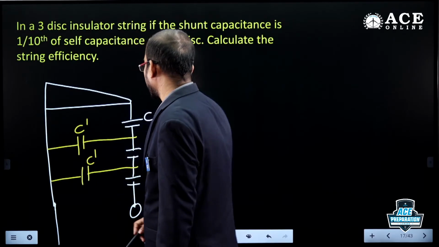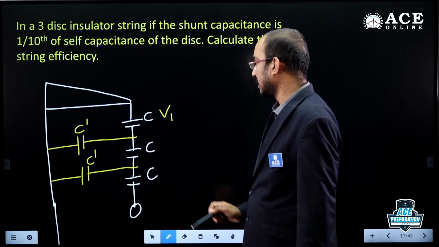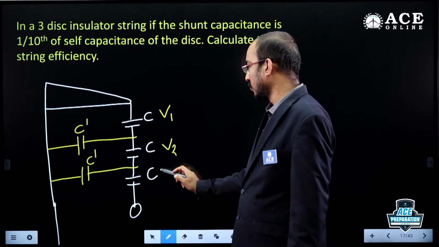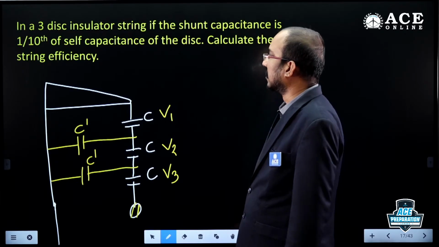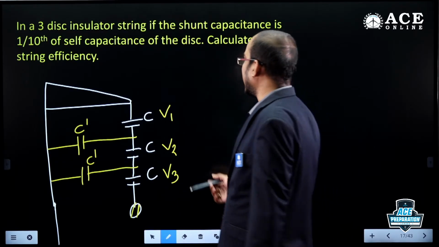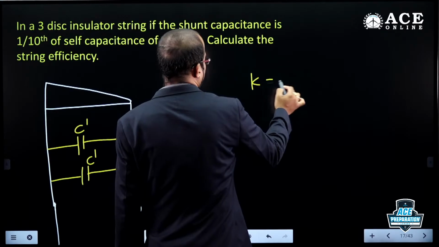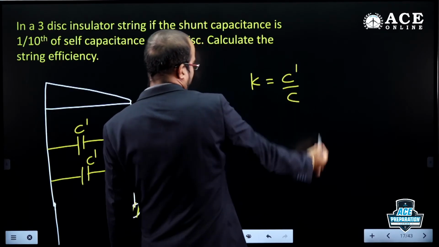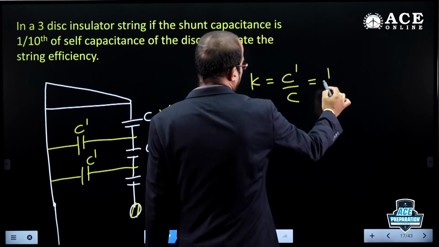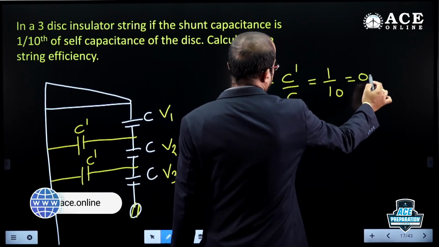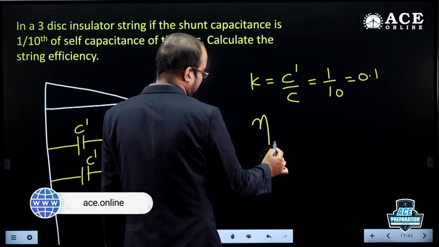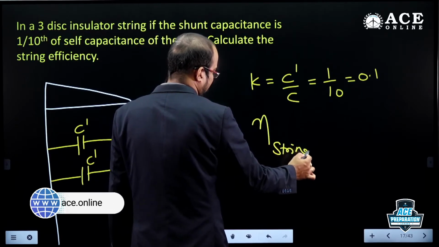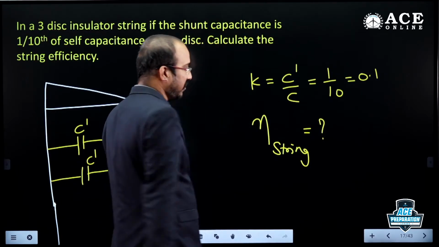Let the voltages be V1, V2 and V3. Now what is asked is the K value, that is C dash by C, the ratio of shunt capacitance to self capacitance, given as 1/10, that is 0.1. What is asked to calculate? The string efficiency.